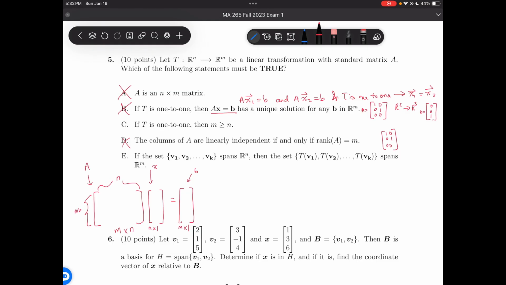Okay, last statement, E. If the set V1, V2 through Vk spans Rn, then the set T of V1, T of V2, and so on spans Rm. Okay, this statement is false. One way we can think about why this is false is to consider a transformation that goes from a lower dimension to a higher dimension. So, for example, R2 to R3.